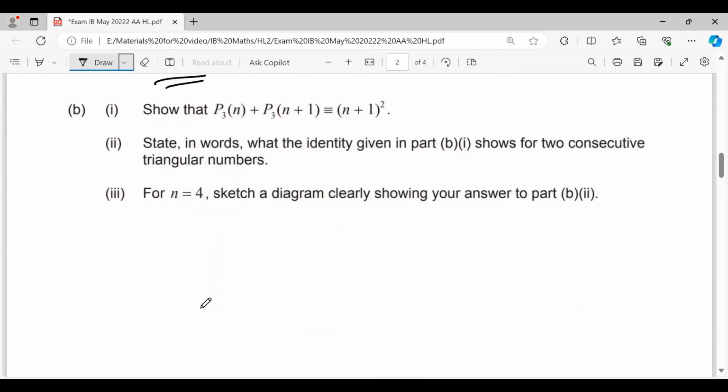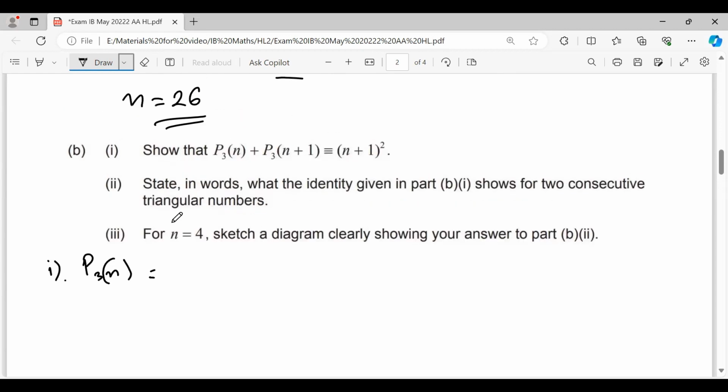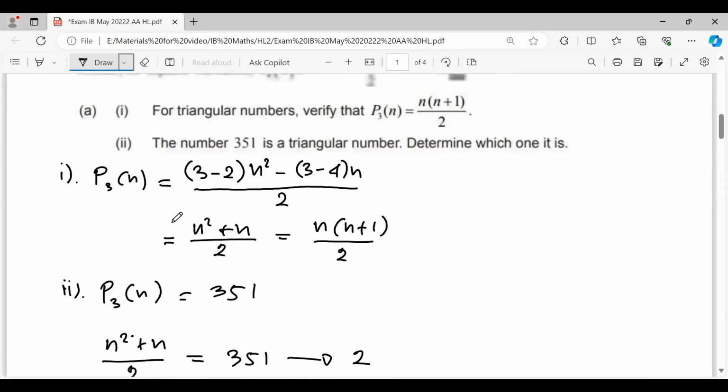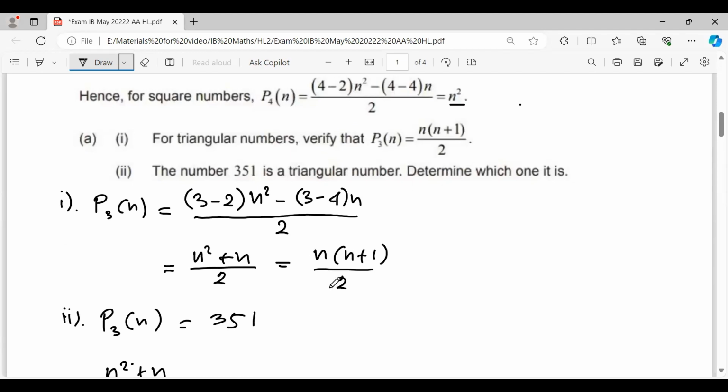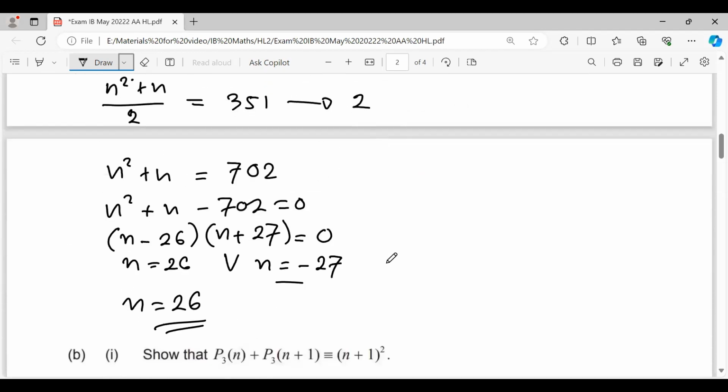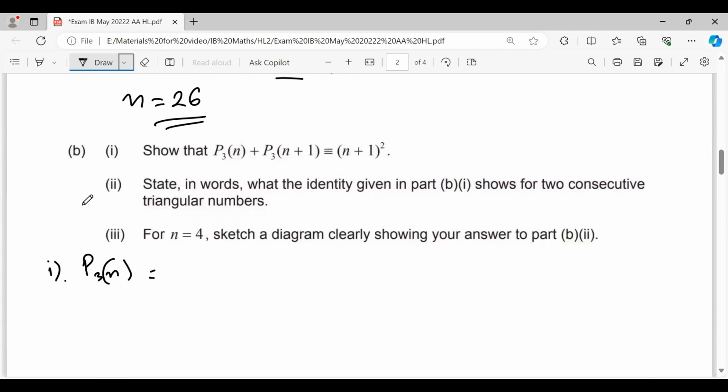B1. Show that P_3(n) plus P_3(n plus 1) is equivalent to (n plus 1) squared, right? Firstly, P_3(n) is (n squared plus n) over 2.